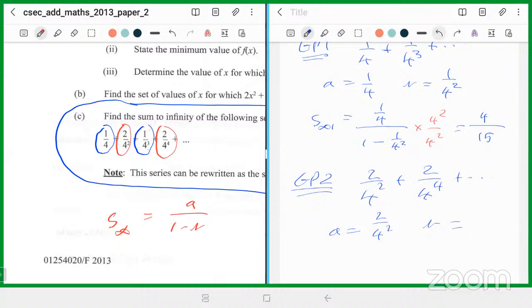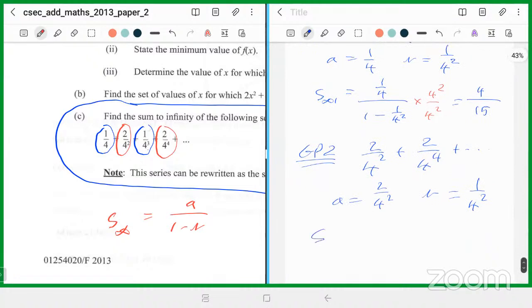Again, we multiply by 1 over 4 squared because the 2 comes back, but this 4 squared becomes 4 to the 4th power. So basically multiplying by 1 over 4 squared. And so this sum to infinity of GP2, this is our A, which is 2 over 4 squared, over 1 minus, this is our R, 1 over 4 squared.